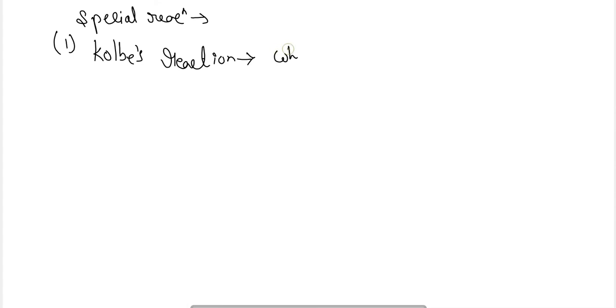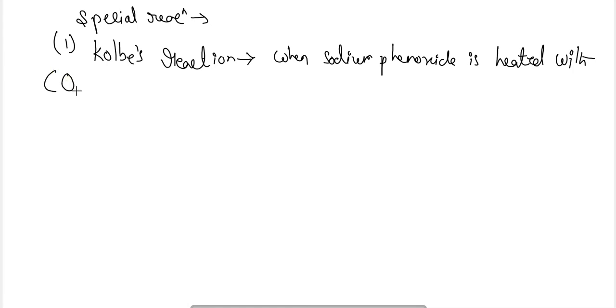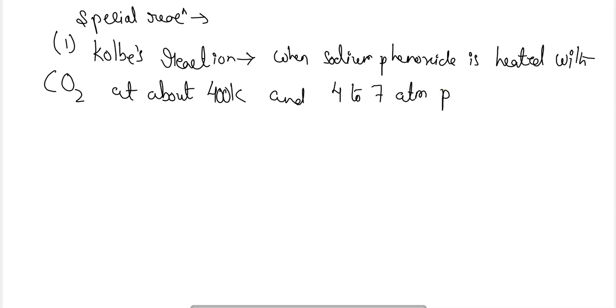So when sodium phenoxide is heated with carbon dioxide at about 400 Kelvin and 4 to 7 atm pressure, sodium salicylate is formed, which is the major product here.